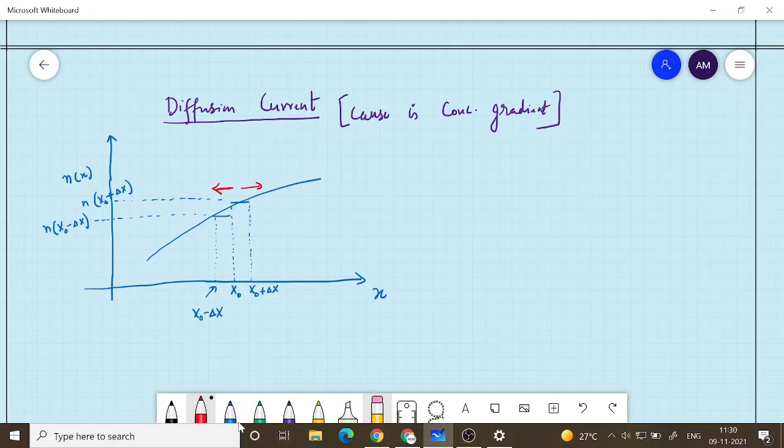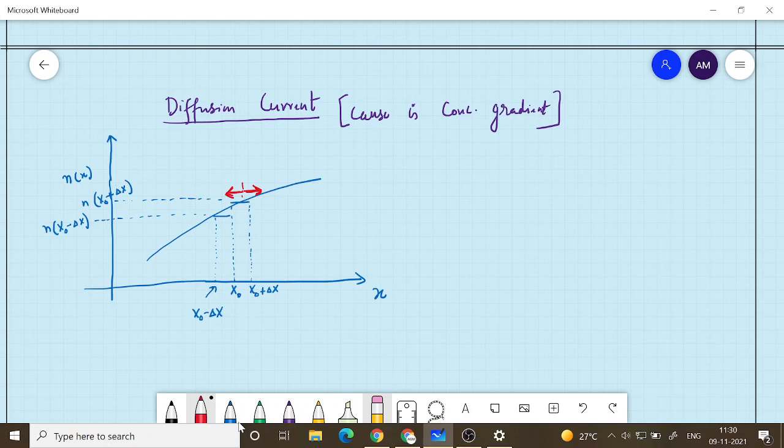So there is equal probability for the electrons at location x0 plus delta x to move to the right as well as to the left: half probability to the right and half to the left.